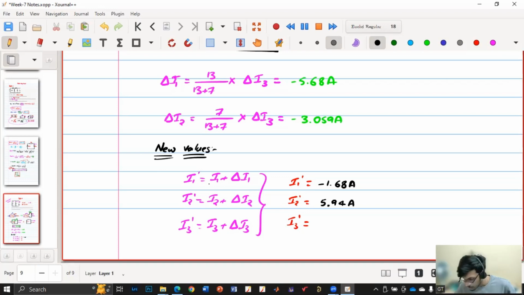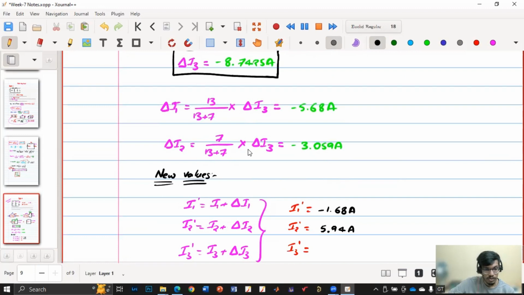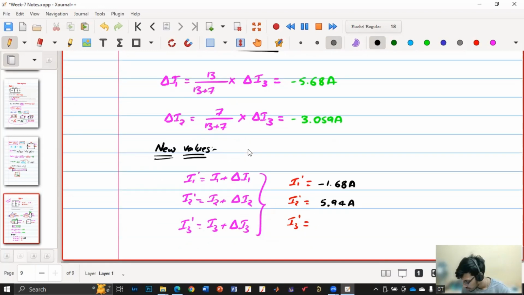And I3 dash is 13 plus minus 8.74, which is 4.26. So these are the new currents that we are getting.